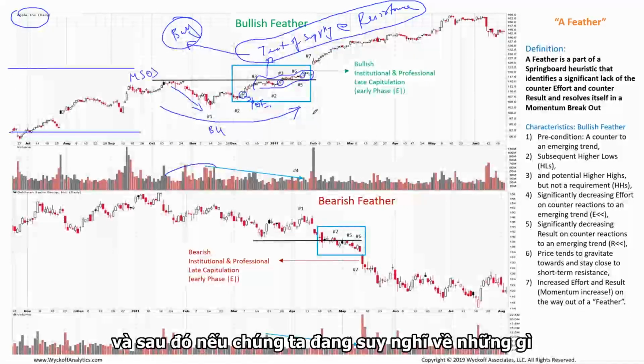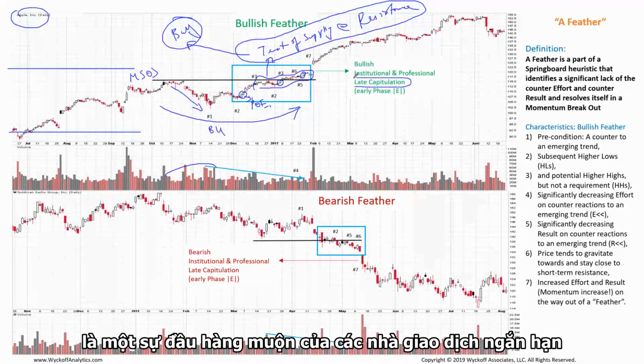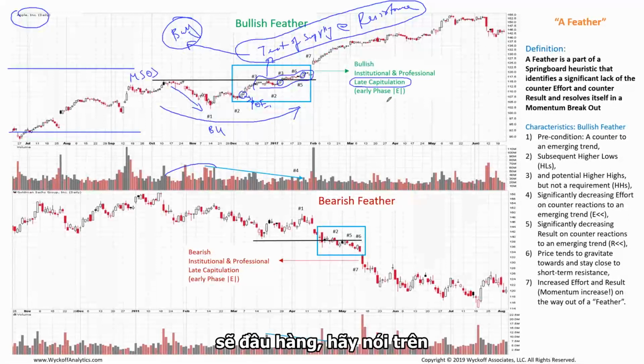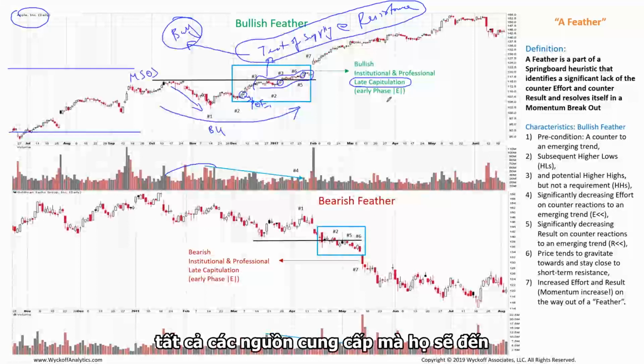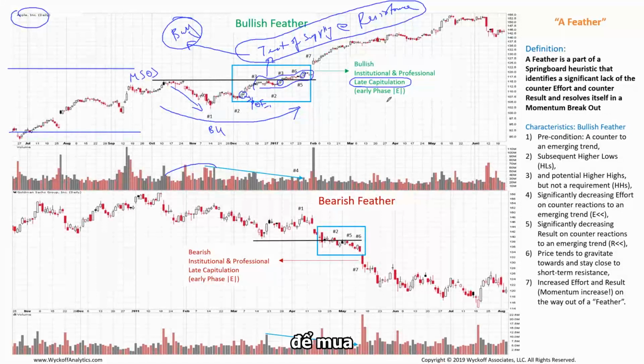And then if we're thinking about what should happen next, if there's going to be a late capitulation of short traders in a bullish feather, and they're just going to capitulate, let's say, on the catalyst or on the breakout, all of the supply that they're going to provide is going to become a market order to buy. And therefore, supply is going to absorb even more.